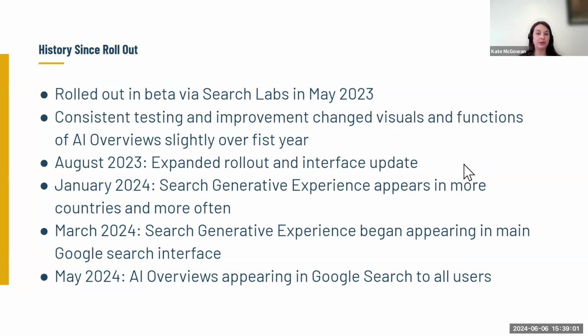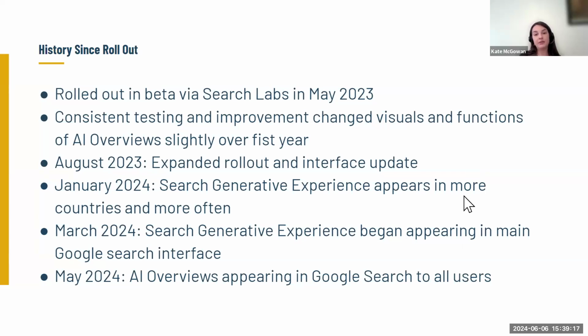In August 2023, a few visual and interface updates were made. Also, the way pages were cited and linked changed slightly during the first year of the Search Generative Experience and the appearances of AI overviews.